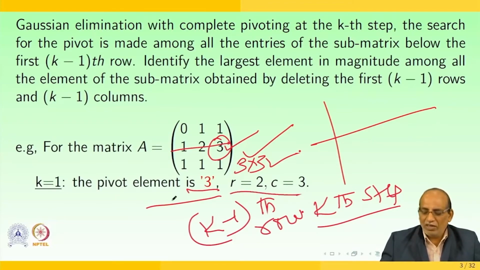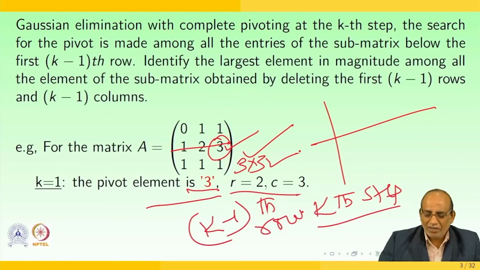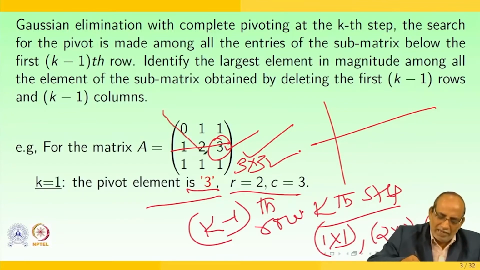Now let us interchange. How do I bring this maximum element to the pivotal position? It should come to 1 by 1, 2 by 2, or 3 by 3, that is, it should be on the main diagonal.